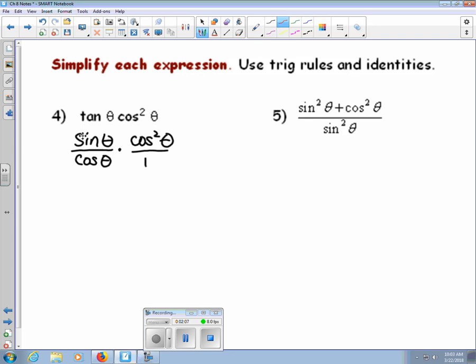Because remember how we can cancel things diagonally, anything that makes a bow tie? So I can cancel a cosine and a cosine here, but there'll be 1 left. Is everybody okay with that? And then this is my answer. So tangent of theta, cosine squared of theta, simplifies to sine of theta, cosine of theta. And that's it. There's nothing else to do.